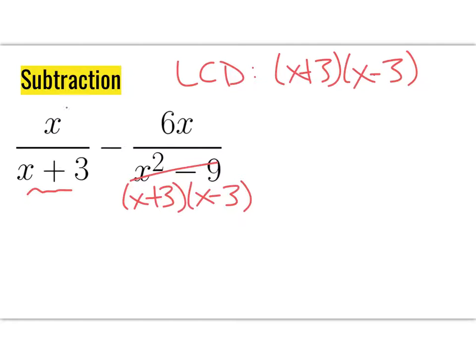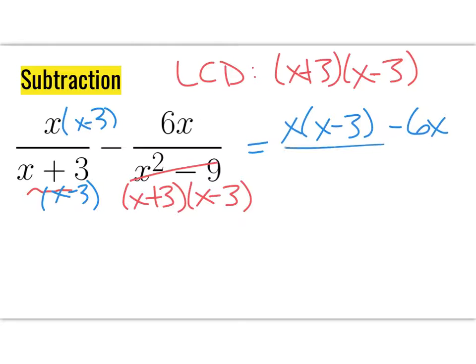We'll multiply the top by x minus 3, and that means that we need to multiply the bottom by an x minus 3, and that will give us x times x minus 3 minus the 6x all over x plus 3 times x minus 3.